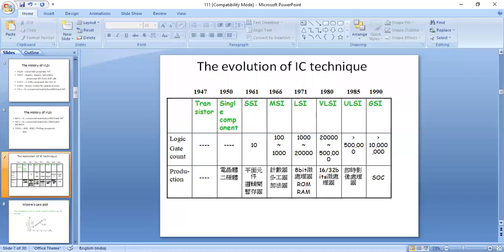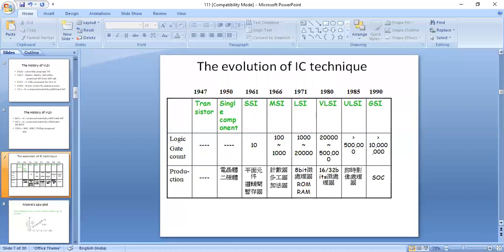In this MSI logic circuit or IC, we can show some examples such as encoder, decoder, multiplexer, all kinds of combinational circuits, and latches also.